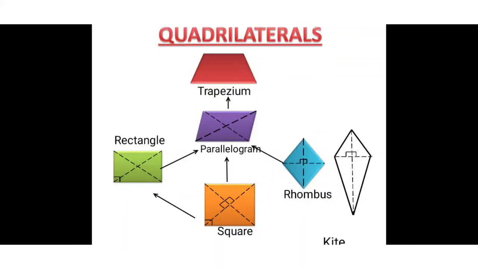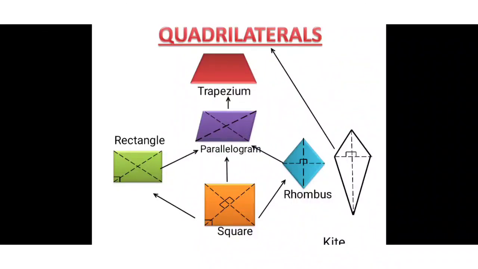Square also is a rectangle because it shows all the properties of rectangle. Opposite sides and angles are equal and each angle measures 90 degree. So a square is a parallelogram as well as a rectangle. Square is also a rhombus because all four sides are equal and opposite sides are equal. Whereas kite does not show any property of parallelogram.